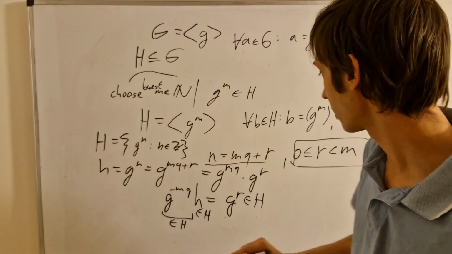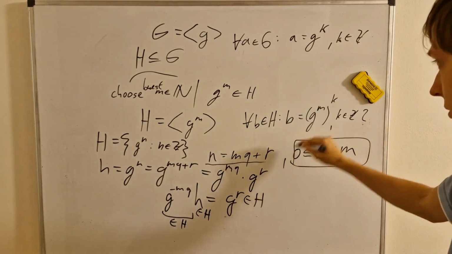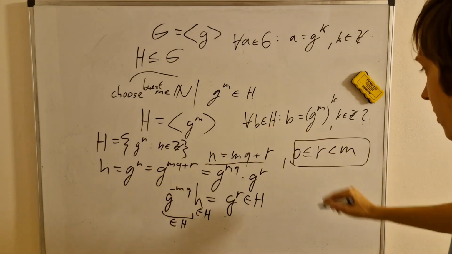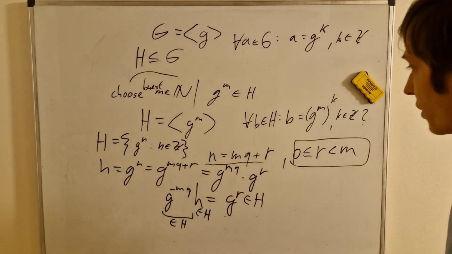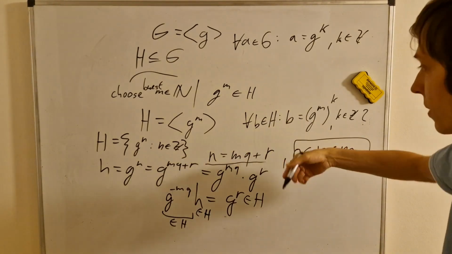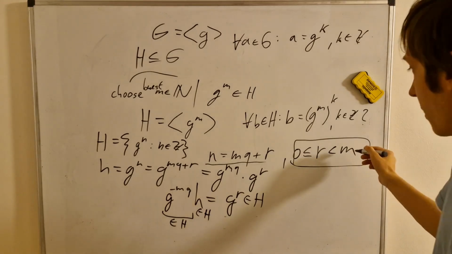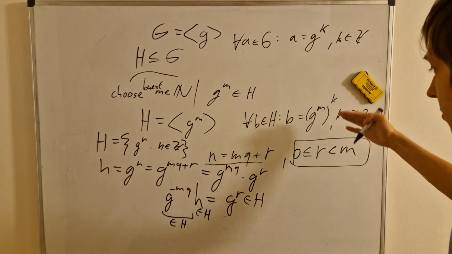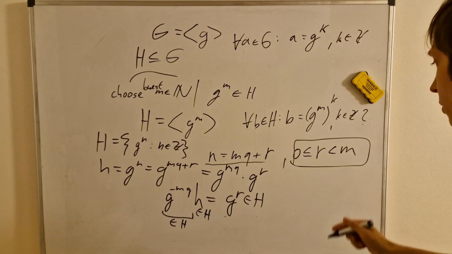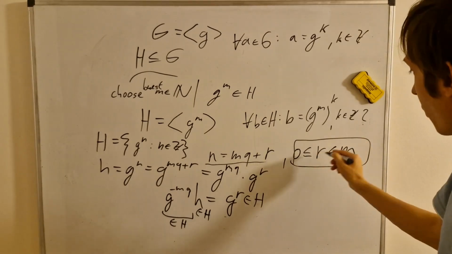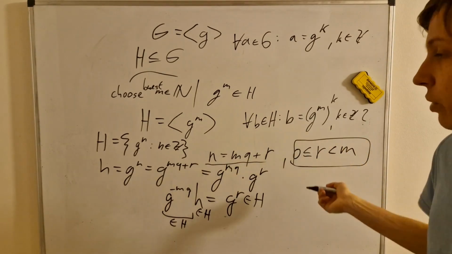And it interacts with this other big fact, because that's how the algorithm is supposed to work. R should be smaller than m, so we can fit m as many times as possible and then just have r be the remainder. And r can be smaller than m, but it could also be 0 if there's no remainder.